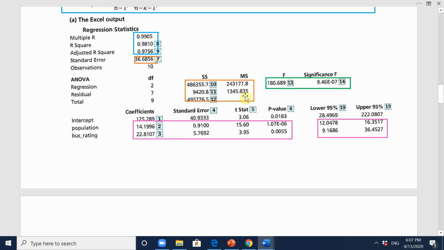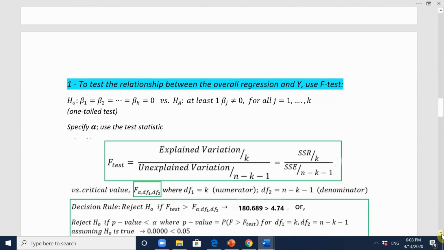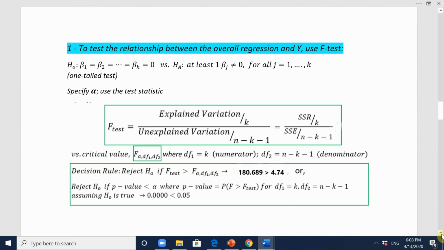Further, Excel gives me the p-value equivalent to that test statistic. I can see here that my p-value is extremely small, pretty much equal to 0, almost. I'm going to compare that test statistic, of course, to a critical F value.